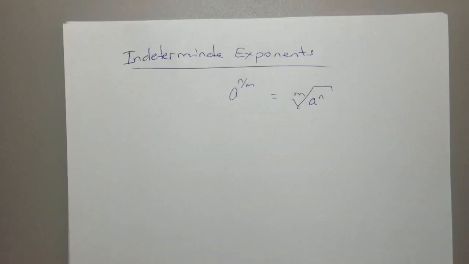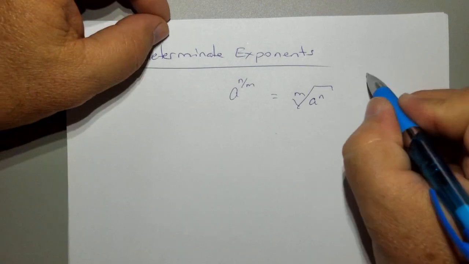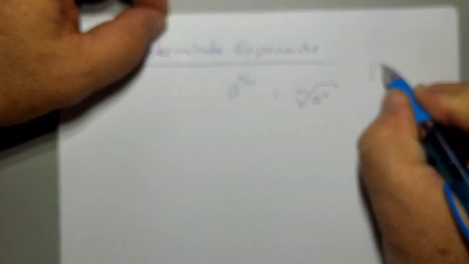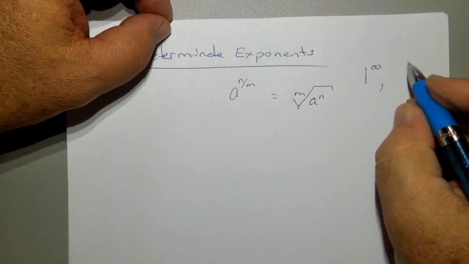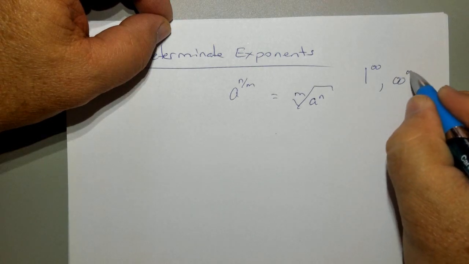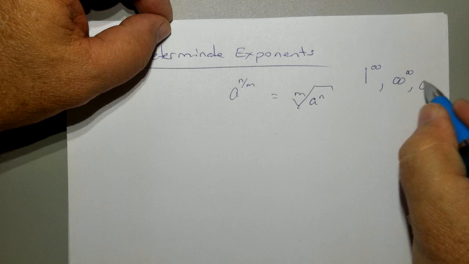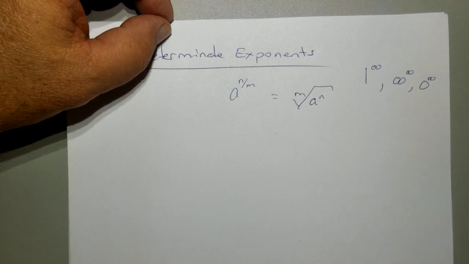A to the power m over n is the same thing as the nth root of a to the power m. So you can have 1 to the infinity power, you can have infinity to the infinity power, you can have 0 to the infinity power.